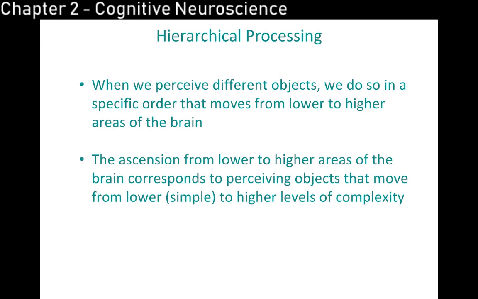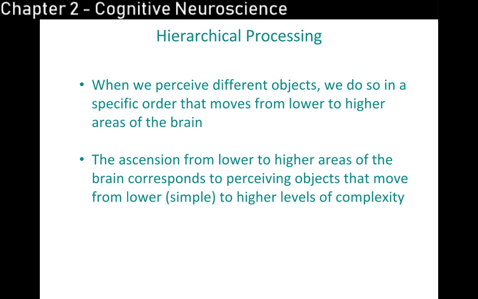Now, these really simple feature detector experiments lead us up to this idea of processing information because, of course, we all process more information than just lines moving across our field of vision. So an important area in cognitive neuroscience is hierarchical processing, the idea that when we perceive different objects, we do it in a very specific order and it moves from lower to higher areas of the brain.